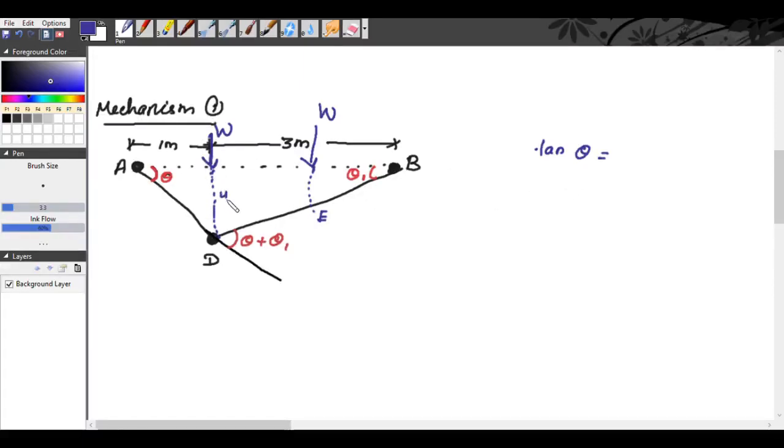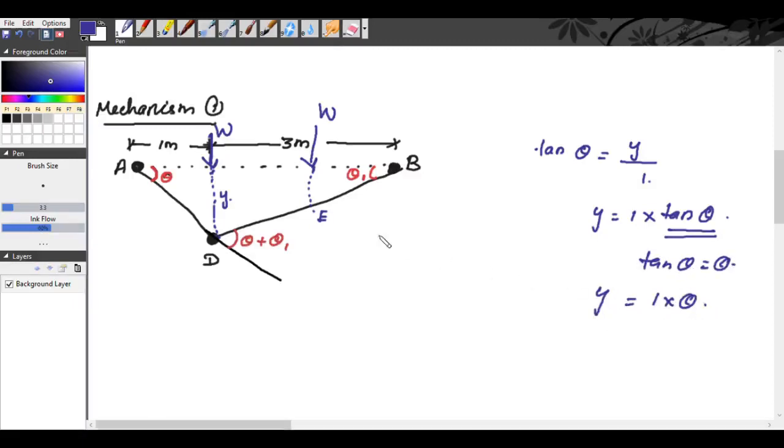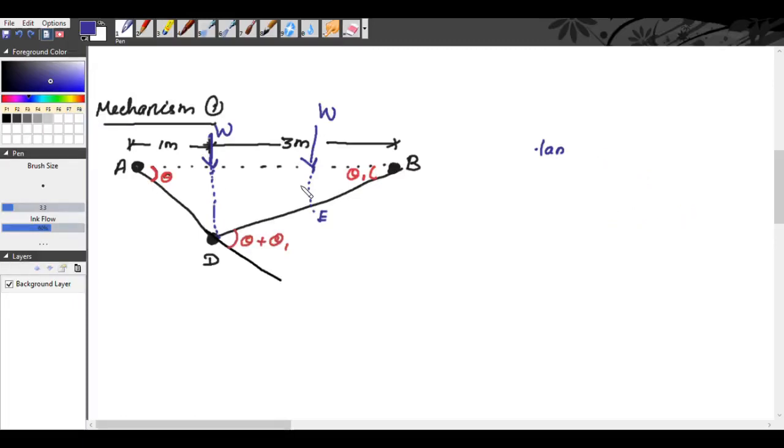Let us take this as y. So tan theta is equal to y by 1, so y is equal to 1 into tan theta. Assuming theta is small, tan theta will be equal to theta. So y is equal to 1 into theta. Right? So here this distance is equal to theta.